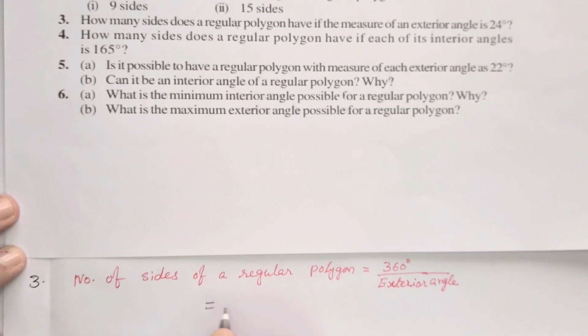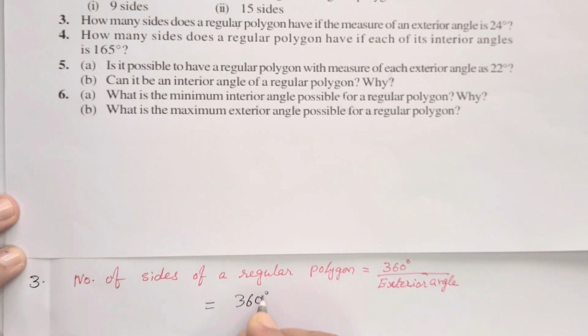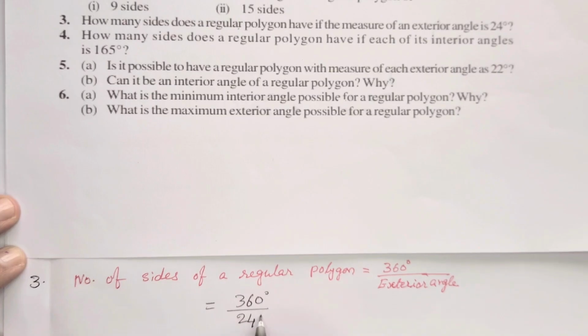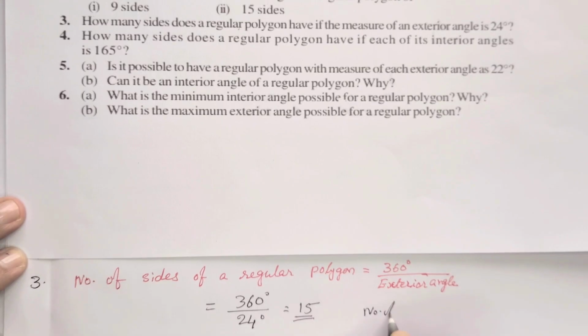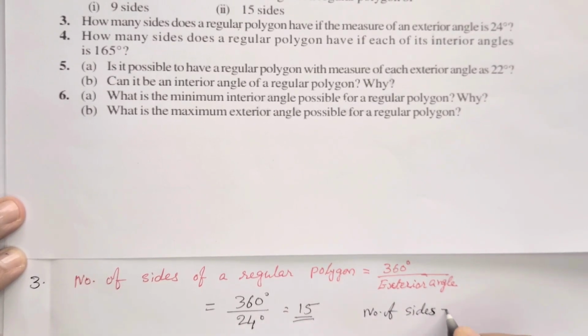Here the exterior angle is given as 24. So 360 divided by 24, we will get 15. So the number of sides for that regular polygon is equal to 15.